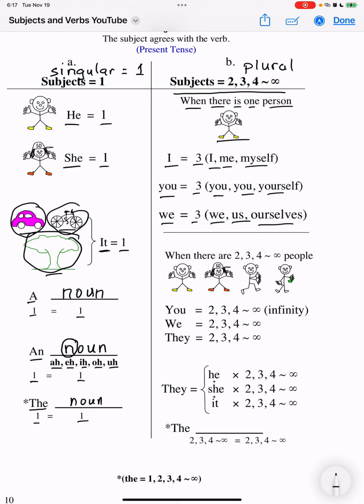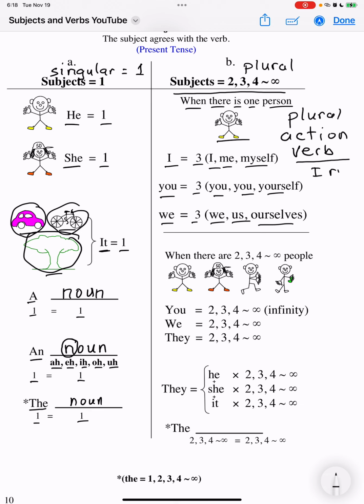Now, why do I say I is equal to 3? Well, the reason is because when you have a plural action verb, you can only use I with plural verbs.